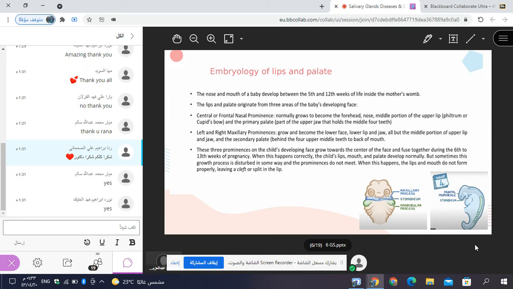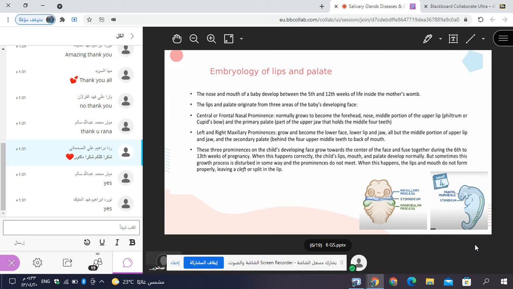Normally it grows to become the forehead and nose and the middle portion of the upper lip and primary palate. And the second and third areas are the right and left maxillary prominences. They grow and become the lower face and lower lip and the sides of the upper lip and secondary palate. These 3 areas will form the child's developed face.